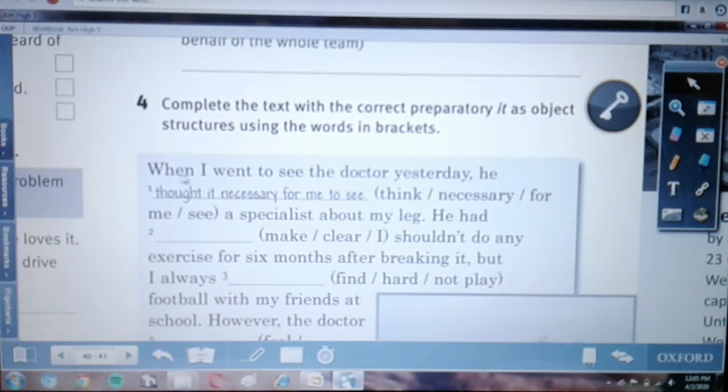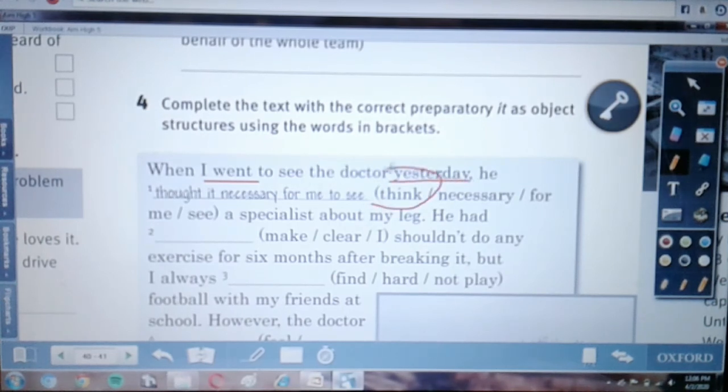For example, when I went to see the doctor yesterday, he thing necessary for me see, becomes he thought it necessary for me to see. Why do we use thought? Because you can see here, it used verb to and the time expression is yesterday. So we need to change thing here into thought.